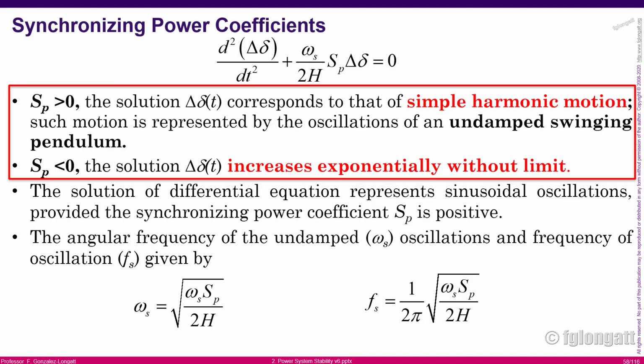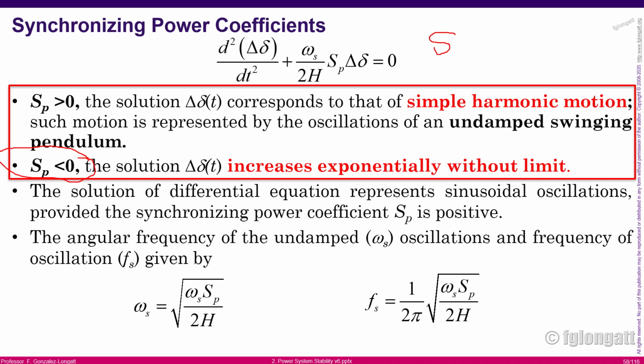Now, what we need to examine, let me go to the next slide, is whether this synchronizing coefficient is positive. If this synchronizing coefficient is positive, that means that the exponent that will appear in the response will be negative, and as a consequence, we will have oscillations, and those oscillations will be dampened. But what is the worst case scenario?